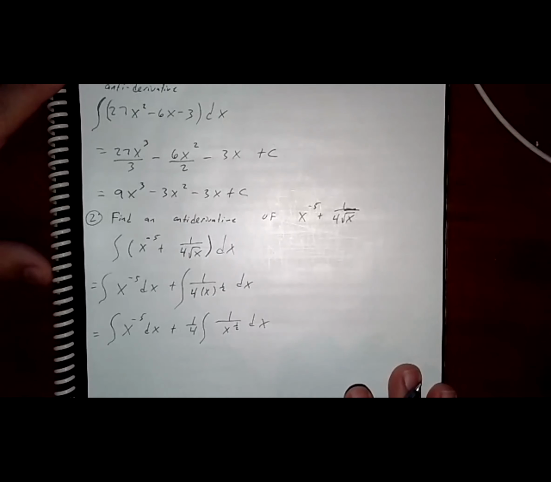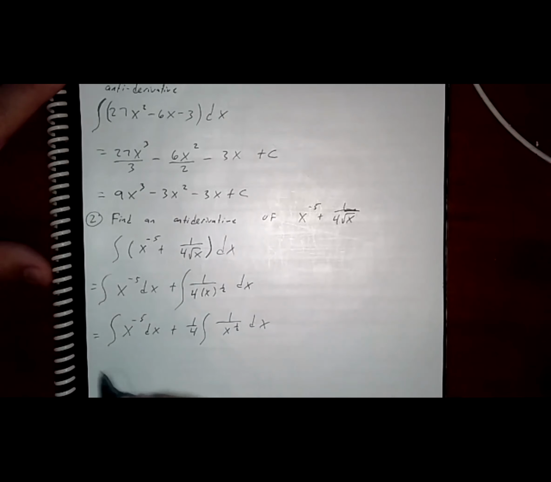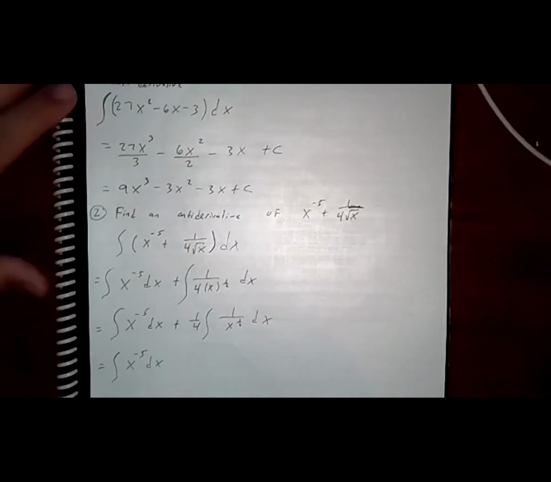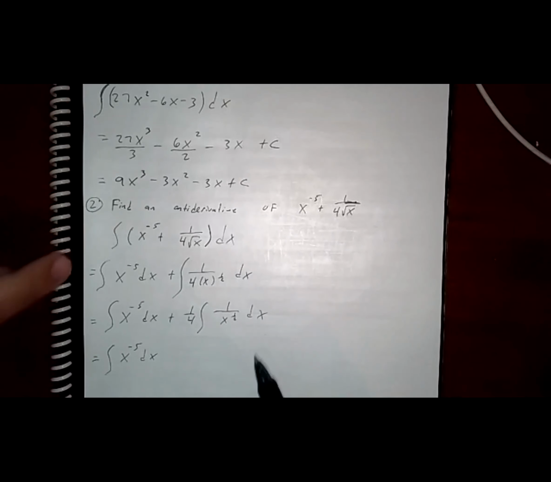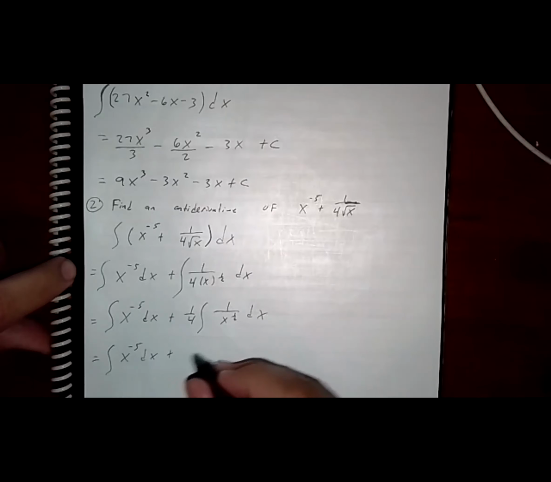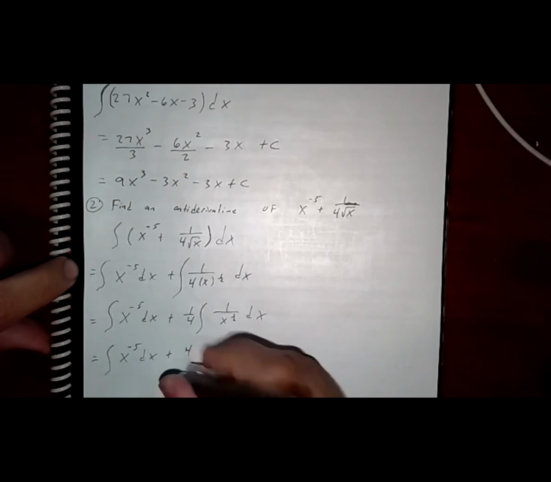I pulled up the 4th. That way it's a little easier to bring this to the top. Again, how many steps you want to show is up to you. You need to show work, but I showed extra steps so you can see what's happening.